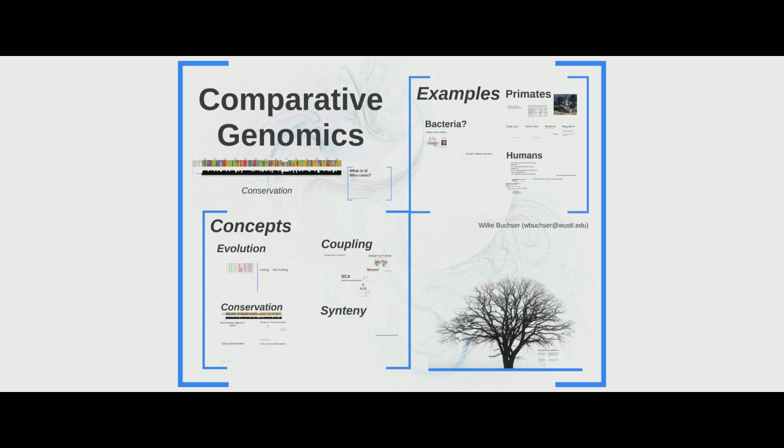I'm both a good and a bad person to do this. I am not an evolutionary geneticist, genomicist, or a comparative genomicist. I'm a neuroscientist by training, and I do a lot of functional genomics in the lab, which is something you guys will also talk about in this course. We also do a little bit of comparative genomics, and the good thing about that is we've had to think through it and try to figure out the details of how it works.